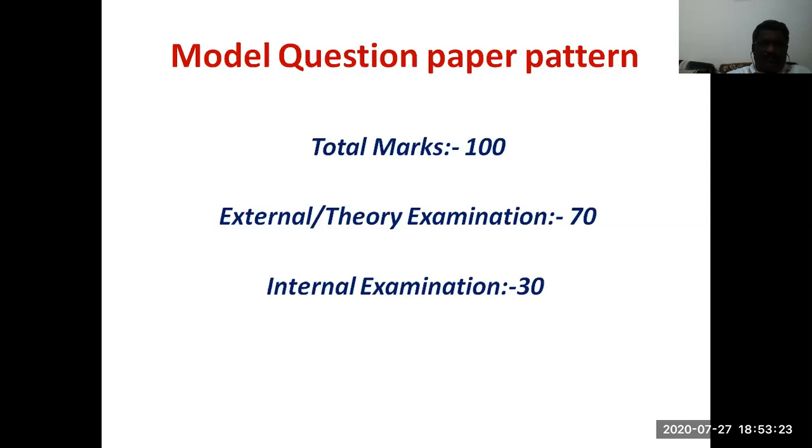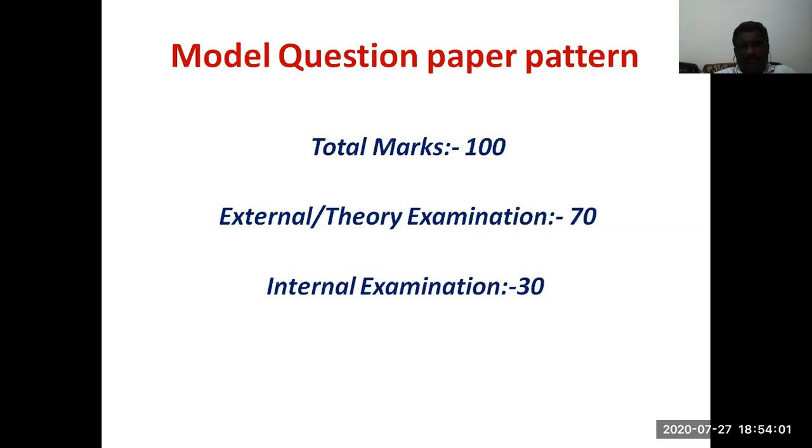In this 100 marks, we have categorized into two groups: external evaluation or external examination, and internal examination or internal evaluation. So we have to know the external evaluation process and internal evaluation process. If a student wants to pass in this subject, he has to get a total of 40 marks.